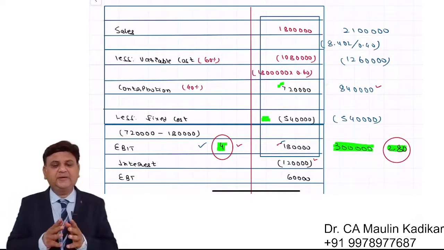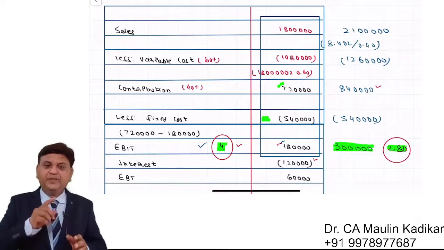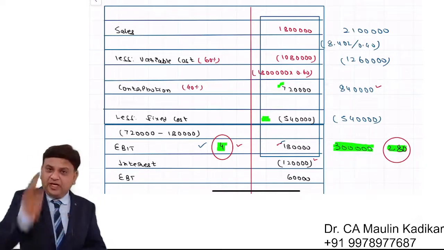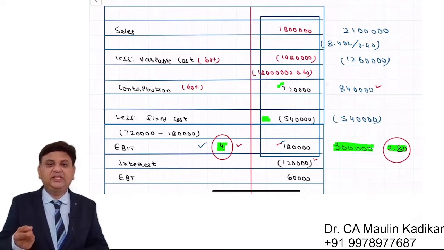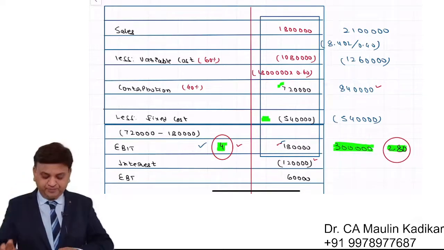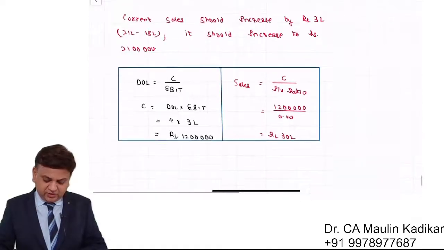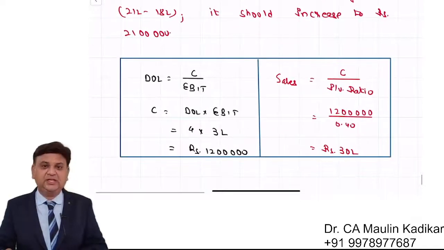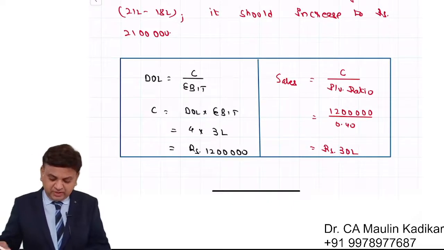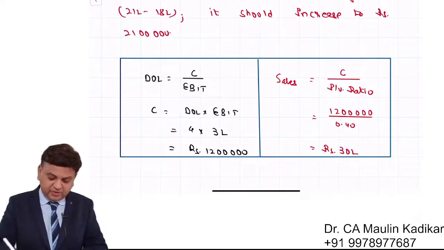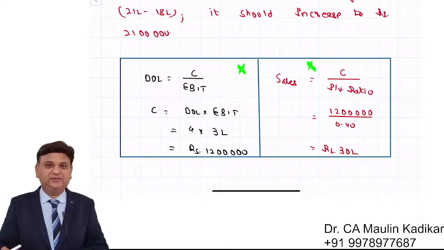That is what we understand. However, if you take the EBIT as 3 lakhs, then the DOL is not 4. At that point of time, what is DOL? We do not know. So going with this is not possible if you are thinking of doing the answer in this way.